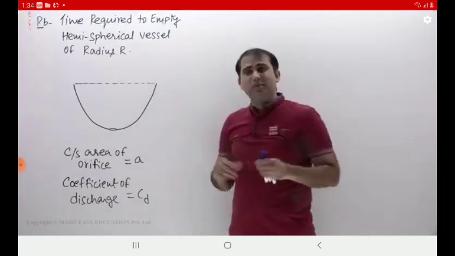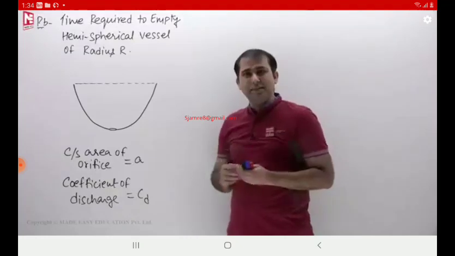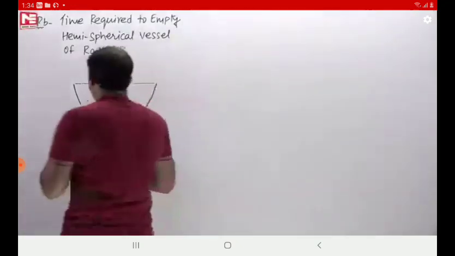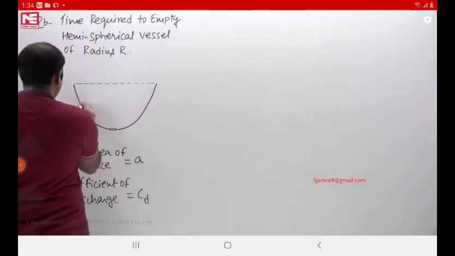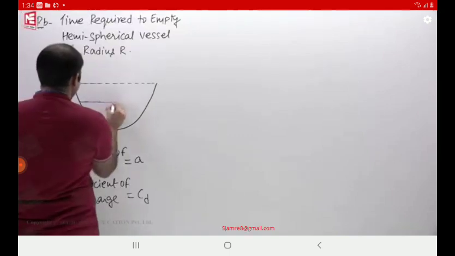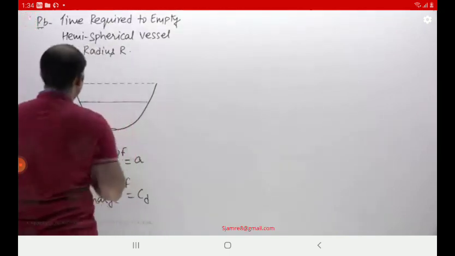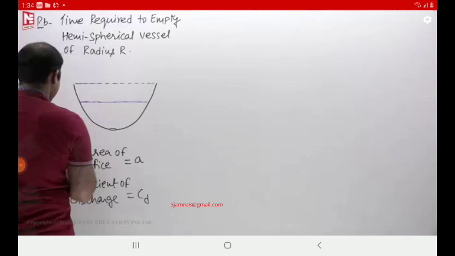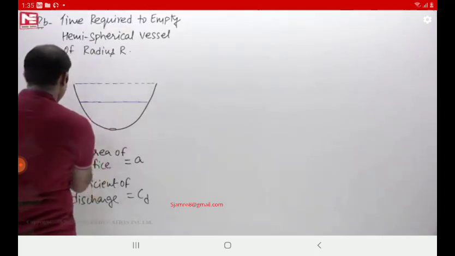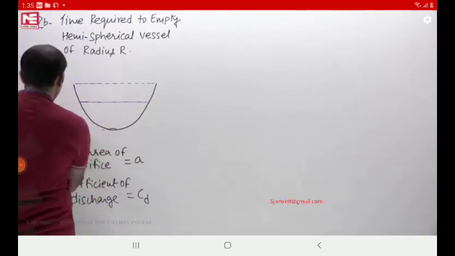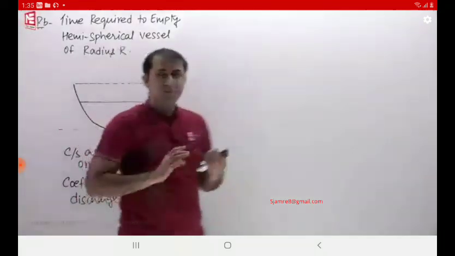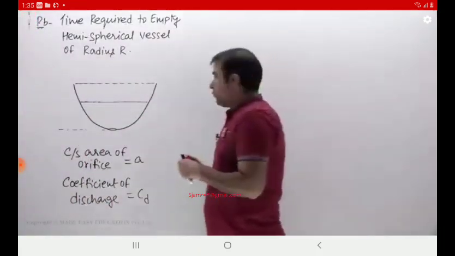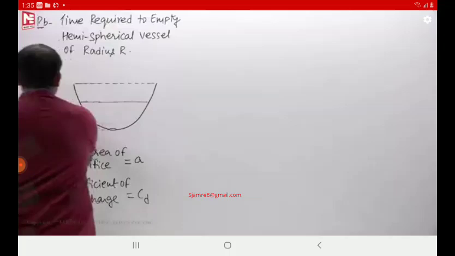Now at a particular time instant, if I say t, suppose the level here is this, and this is, my dear, something like this.